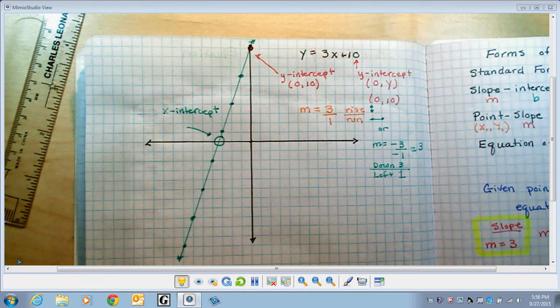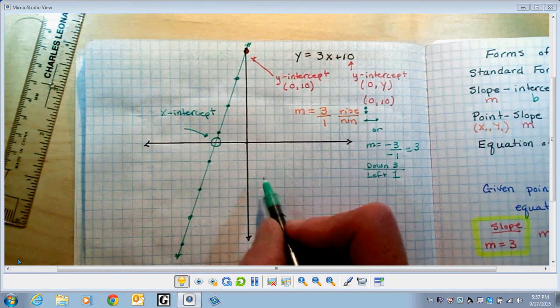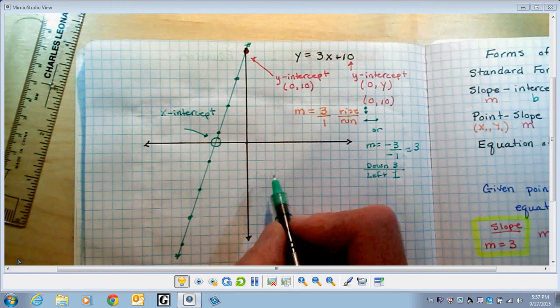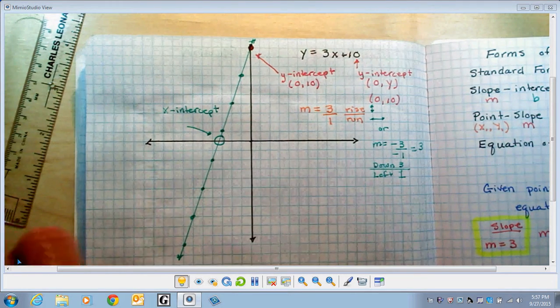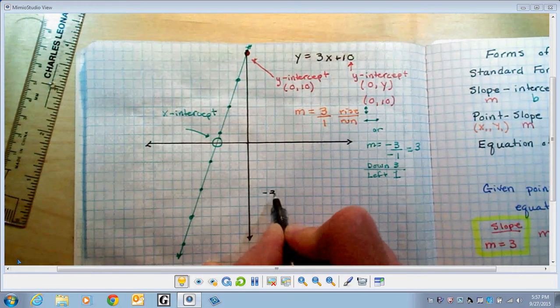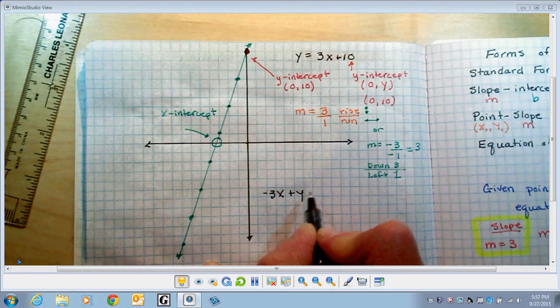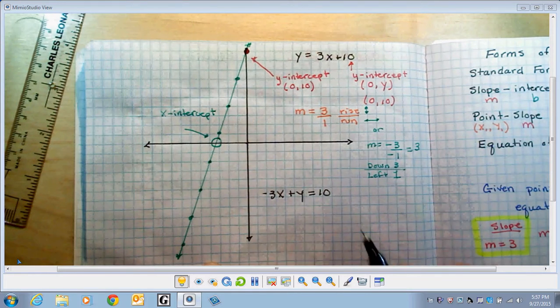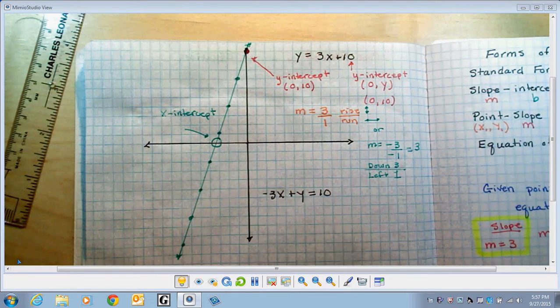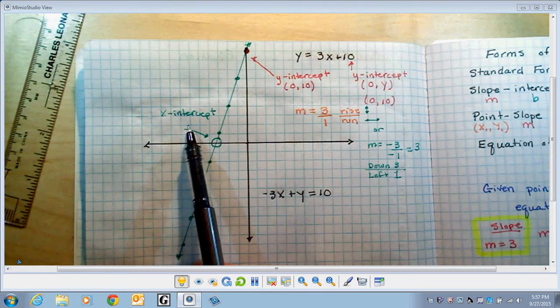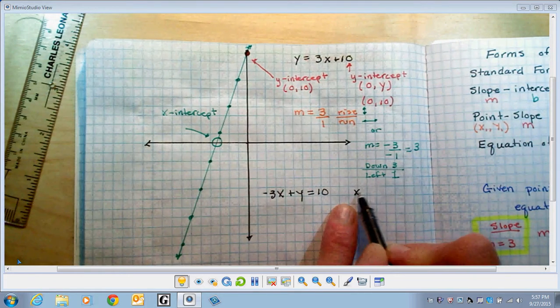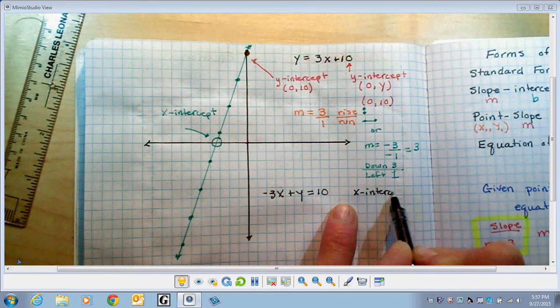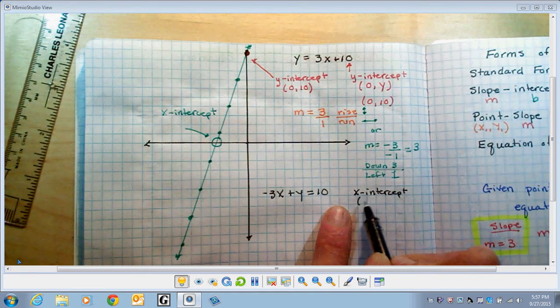So if you remember, I wrote the form of the line in standard form. So let's do that. Let's write down the standard form of the line. Do you remember what it was? It was -3x plus y equals 10. Okay, so if I'm looking for my x-intercept, I'm looking for some value of x when y is 0.